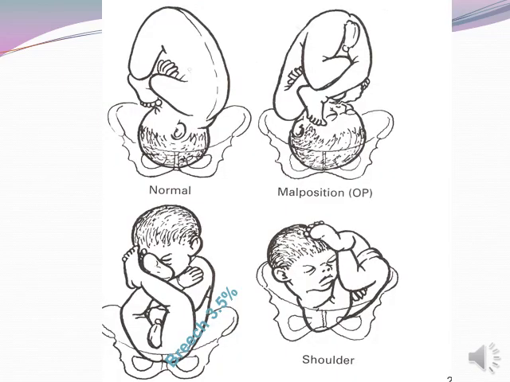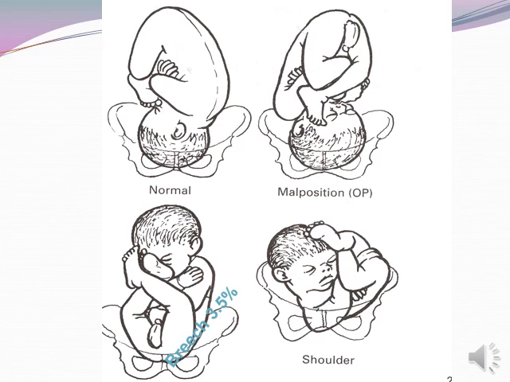As you can see, this is a longitudinal lie, and this is a transverse lie. In this longitudinal lie, the head is the lowest part, so it's known as cephalic presentation. Here it is also a longitudinal lie, but the most dependent part is the breech, so the presenting part, the part of the fetus which presents itself to you or occupies the lower uterine segment, is the breech, and so this is known as breech presentation.